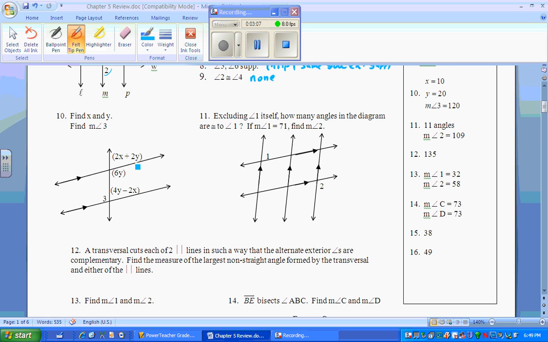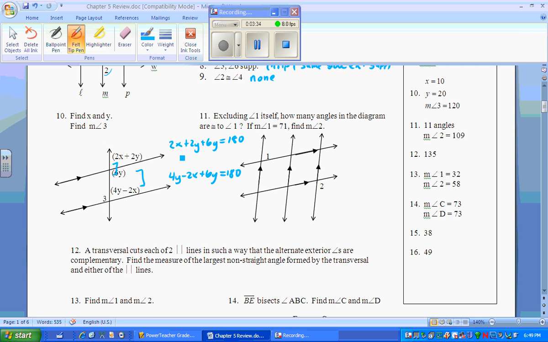Well, here's angle 3. What do we notice? I notice these two make a straight line, so they equal 180. I know these are same side interior, so they equal 180. So we can set 2x plus 2y plus 6y equal to 180. And the second one we could do is 4y minus 2x plus 6y equaling 180.